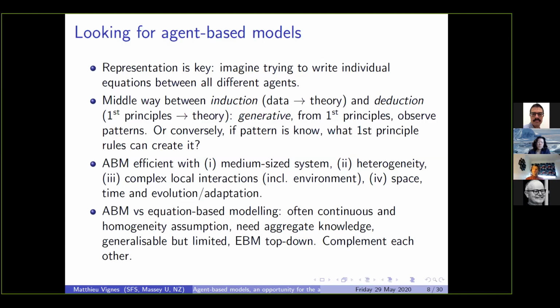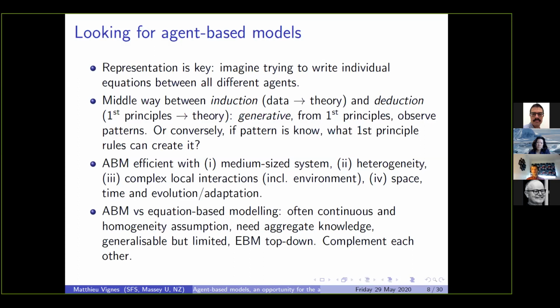Agent-based models stand in the middle of the path between inductive reasoning, where you start from data and then build theory. That's what statistics would usually do. You take a data set, you analyze it, and then try to make sense of the relationships you see in your model. So you have a list of p-values and coefficients in a regression, and you try to interpret those p-values and the strength of the interaction.